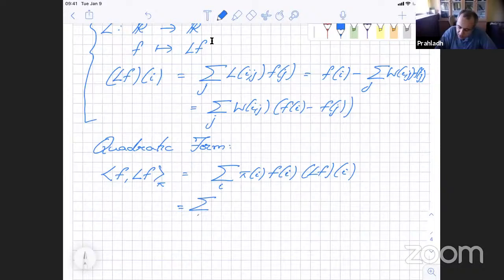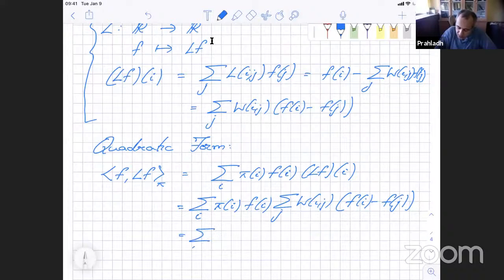This is summation over I, pi I, Fi, summation over J, Wij, Fi minus Fj. I'm going to open this out, bring summation Ij, it's pi I, Wij, fi minus fj.